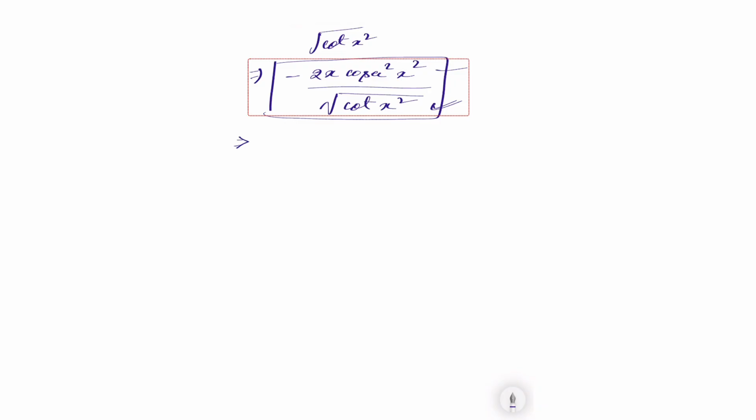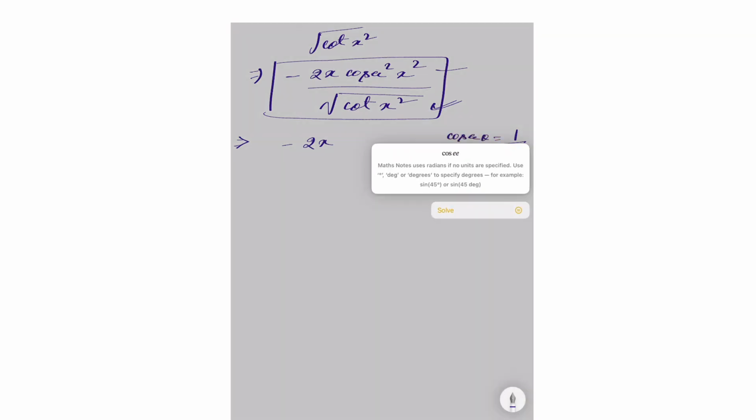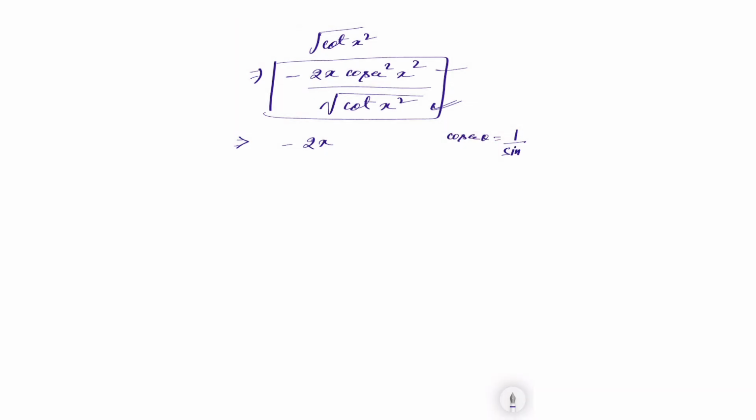Look how. Minus 2x. We know that cosec theta is equal to 1 by sin theta. That's it. So minus 2x divided by, here it is cosec square x square, it will become sin square x square when taken into denominator.